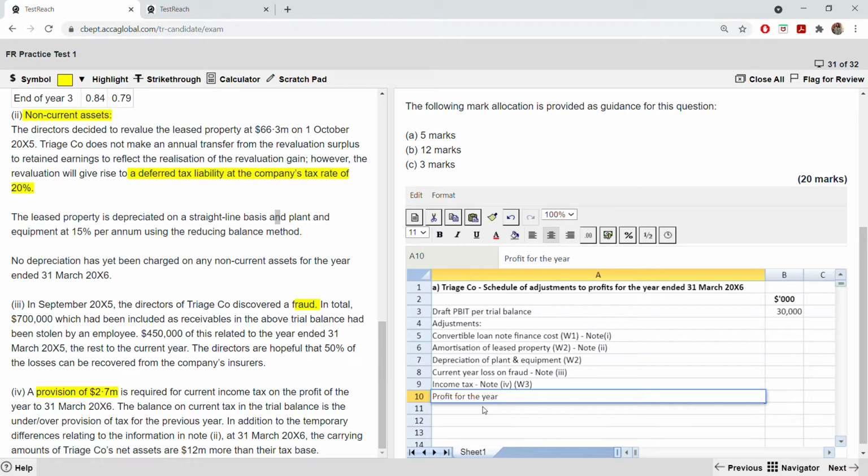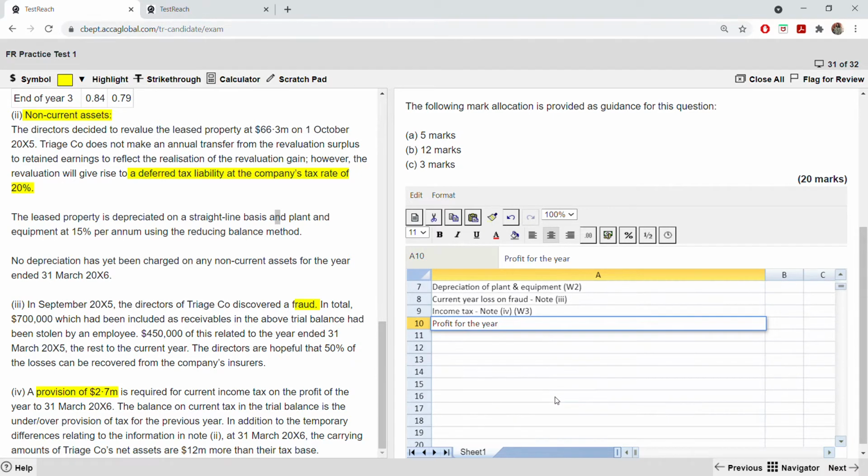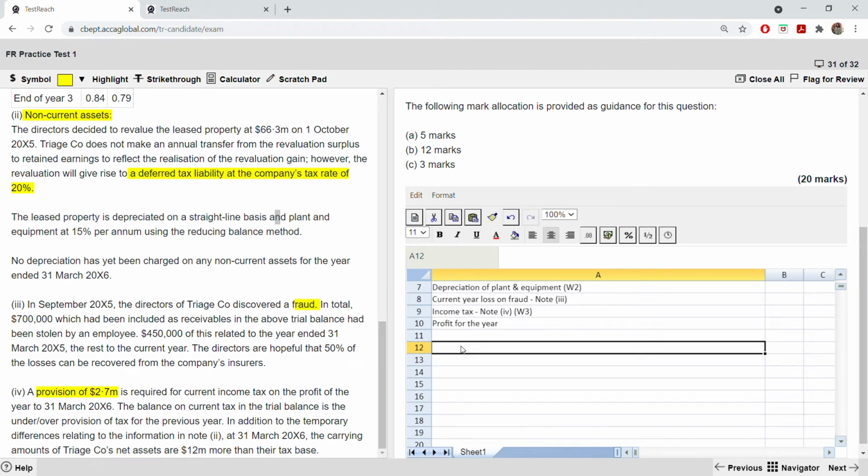The workings and all will come later. So start, it is the Tryage company statement of financial position, you need to write this.